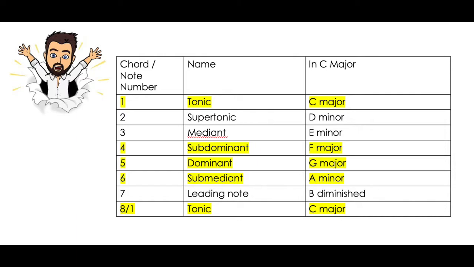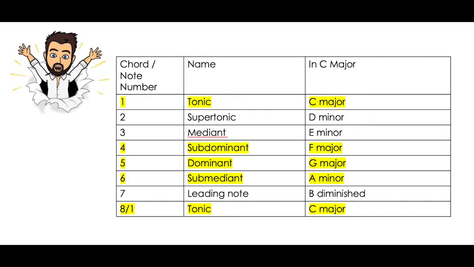The note F and the chord F major would be the subdominant. The note G and the chord G major would be the dominant. The note A and the chord A minor would be the submediant or the relative minor. That one has 2 names. And the note B and the chord B diminished would be the leading note.